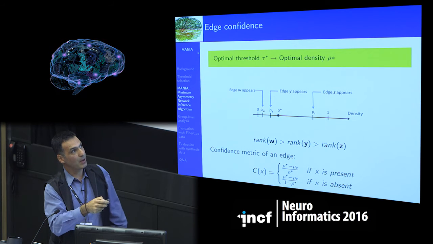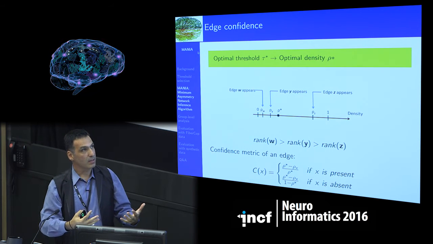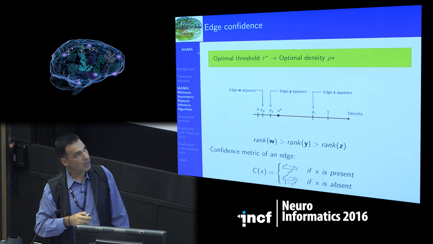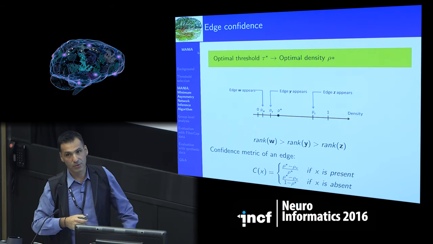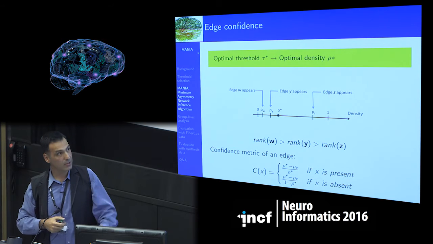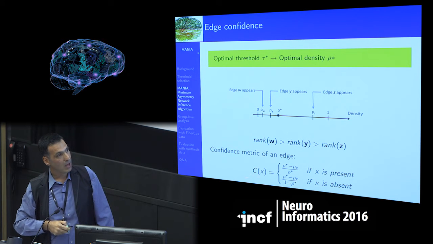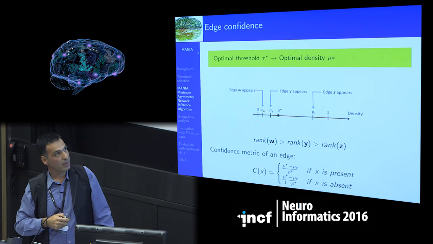And the edges that appear first at lower densities, you're more confident that they exist. And gradually, of course, you have weaker confidence. So if this is your optimal threshold that Mania chose, this distance between this threshold and the threshold at which you first saw that edge, that is basically how we compute our metric of confidence for each edge.